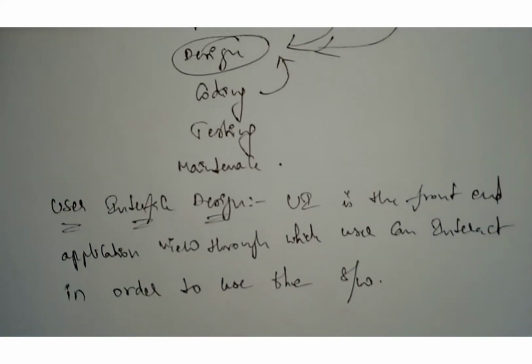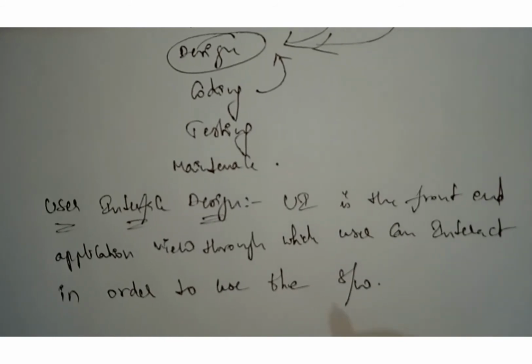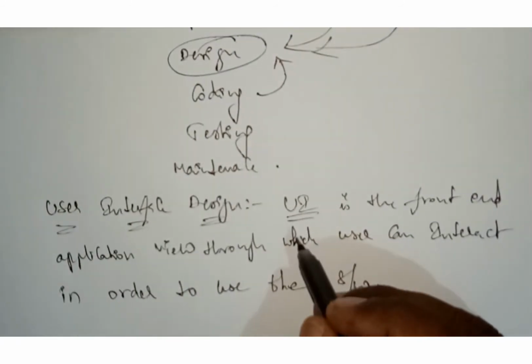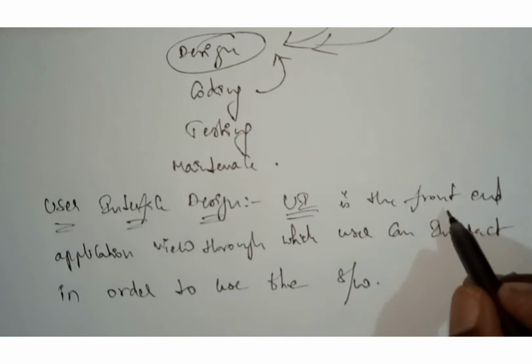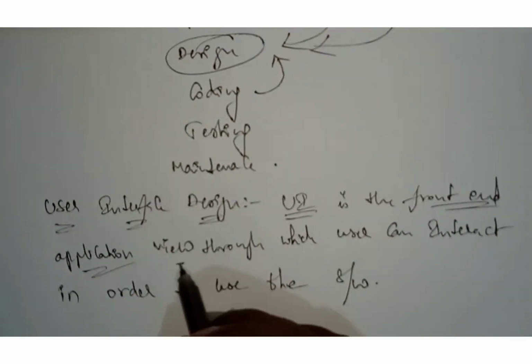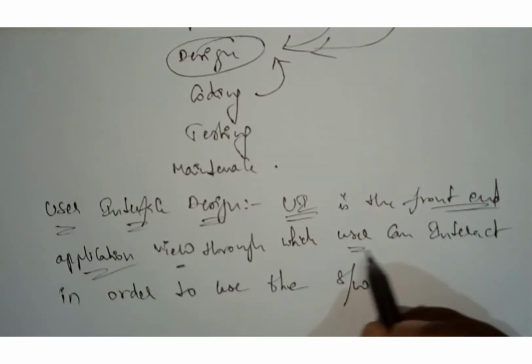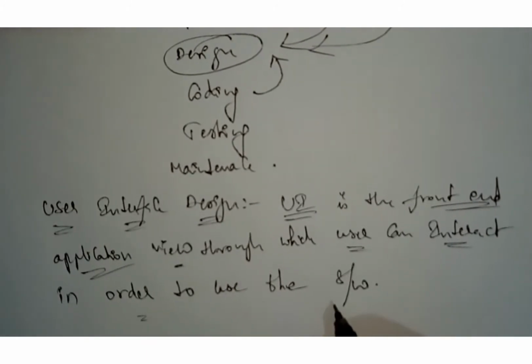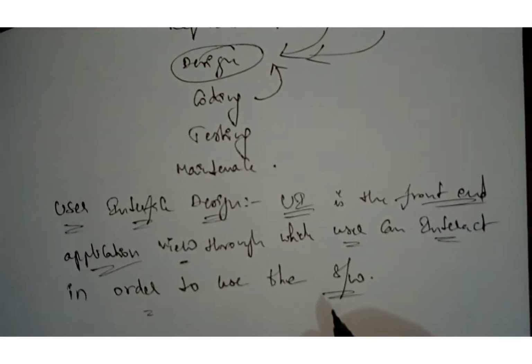UI stands for user interface. It is the front end application view so that the user can interact in order to use the software.